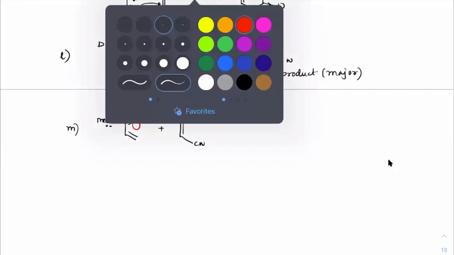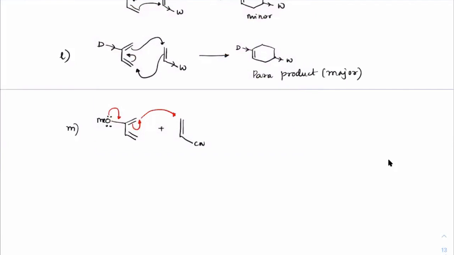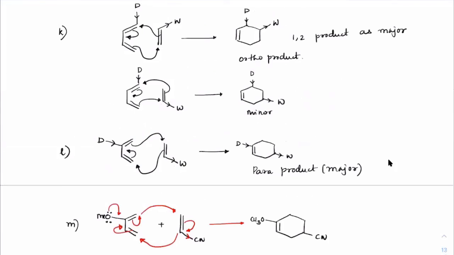So as it moves towards this side, the attack from here is more favorable, so that this pi can easily shift onto this side and cyanide would help to stabilize it. And that minus charge will attack here. The double bond will shift here. So what is the product we will get here now? Double bond here with cyanide and OCH3. So that's how OCH3 is helping to get para as the major product.